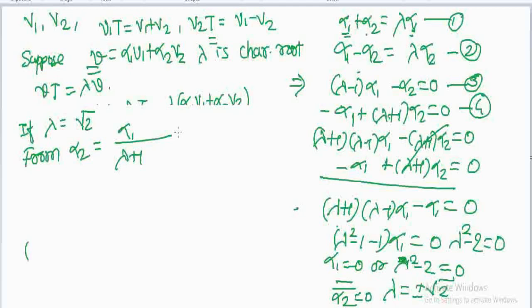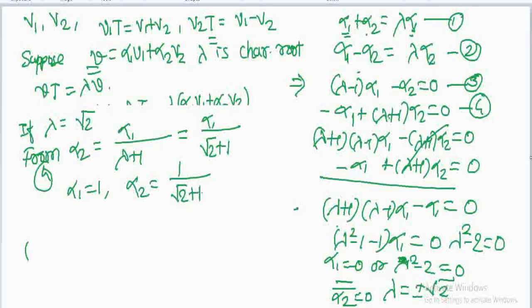Okay, so this is equal to alpha 1 divided by under root of 2 plus 1. This is by equation 4. When we put alpha 1 equal to 1, we get alpha 2 equal to 1 divided by under root of 2 plus 1.